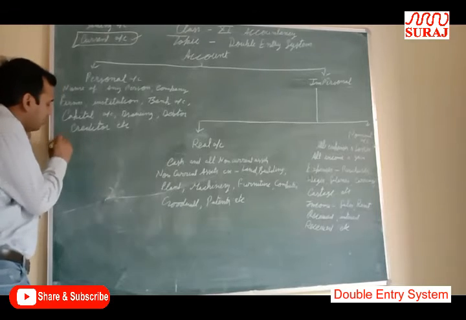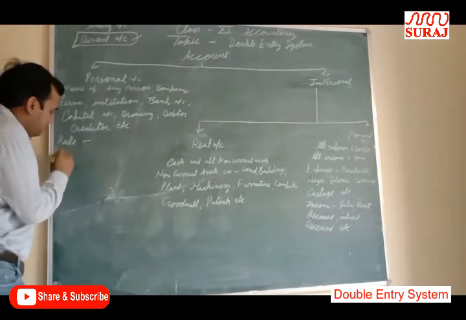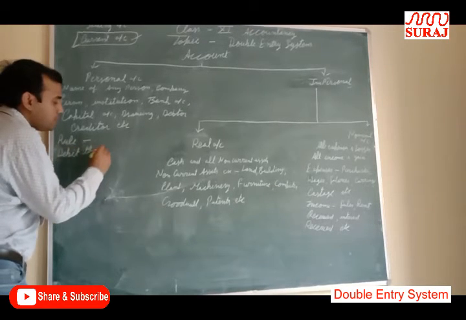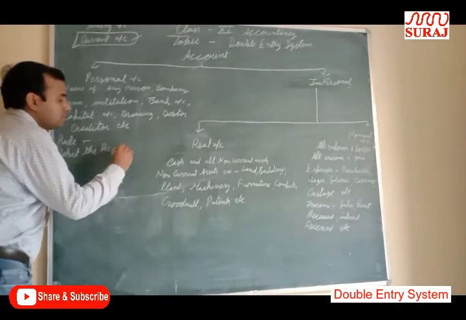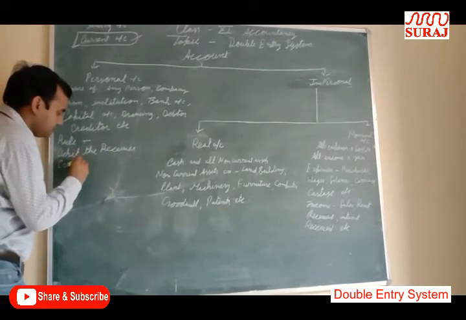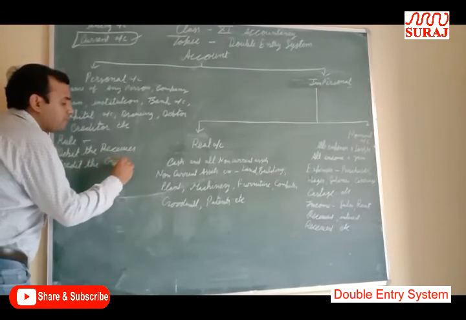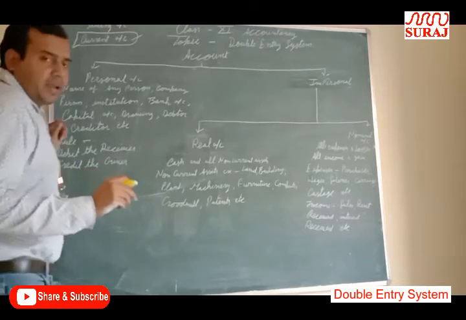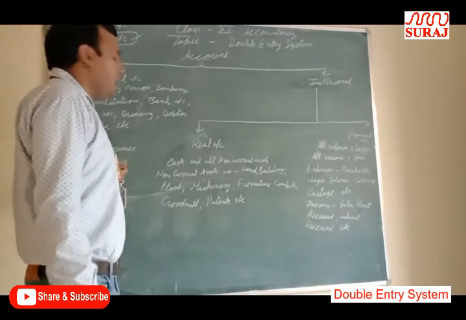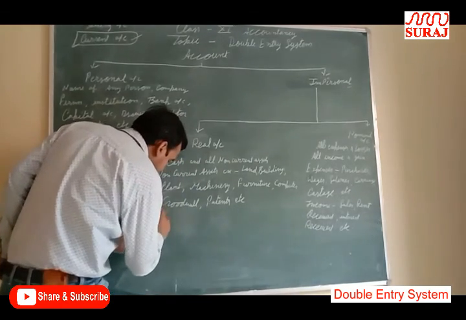Rule of personal account: debit the receiver, credit the giver. It means if a person is receiving then he will be debited, and if a person is the giver then he will be credited.